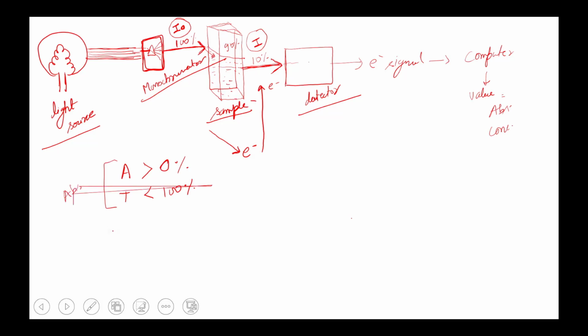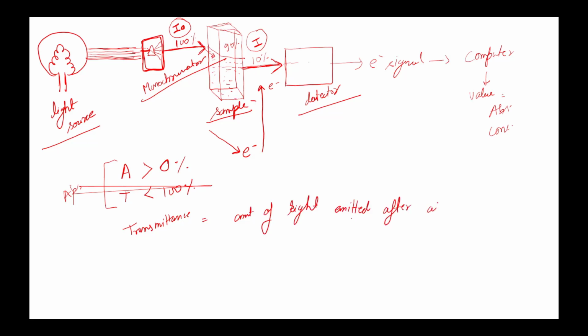Okay, so transmittance we can define as the amount of light emitted after absorption.